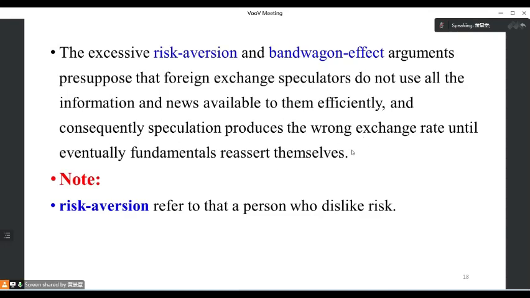This part of PPT tells us that with excessive risk aversion and the bandwagon effect, foreign exchange speculators do not use all the information and news available to them efficiently, and consequently speculation produces the wrong exchange rate.